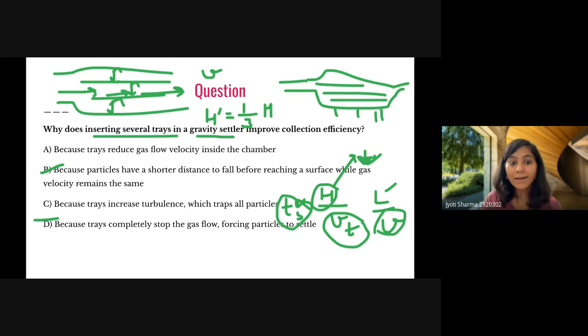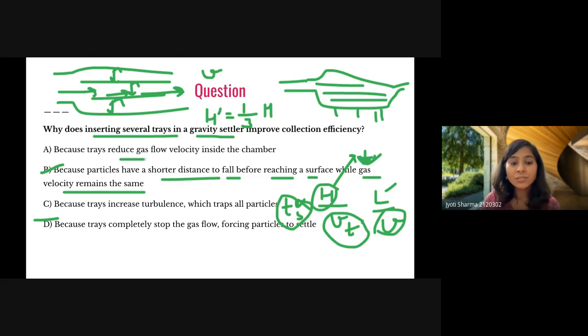The particle has a shorter distance to fall before reaching the surface, while the gas velocity will remain the same. So here we are reducing the time with which it will fall down. That's how B is the right answer.